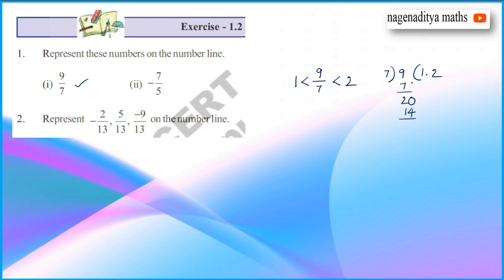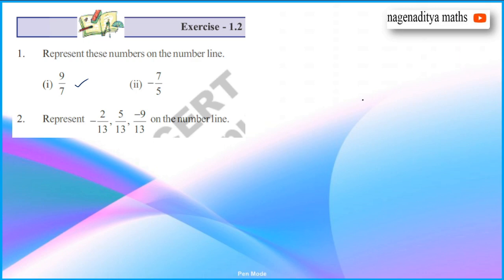This is not the exact value; it is 1.2 something, which is lying between 1 and 2. So first we have to assess which numbers 9/7 lies between. We know that 9/7 lies between 1 and 2, and 9/7 is an improper fraction.